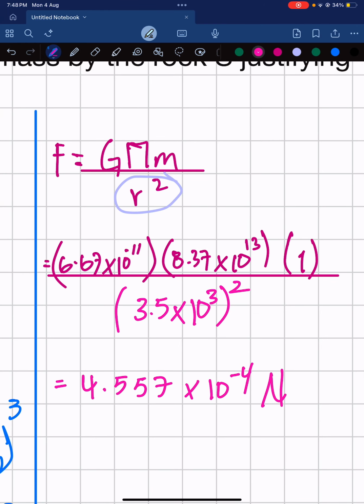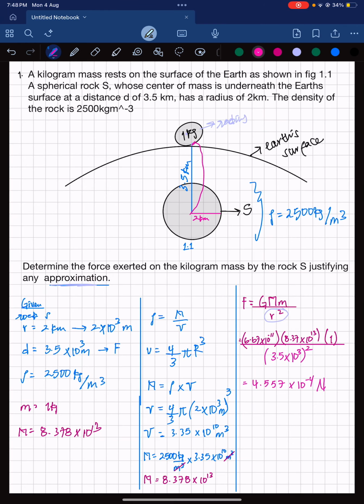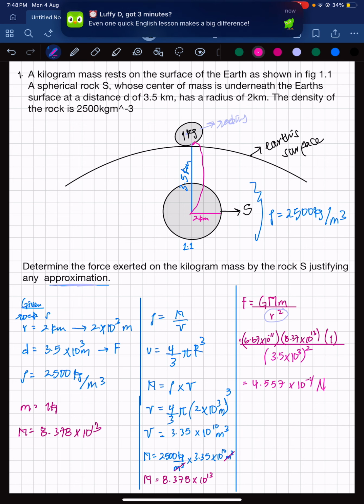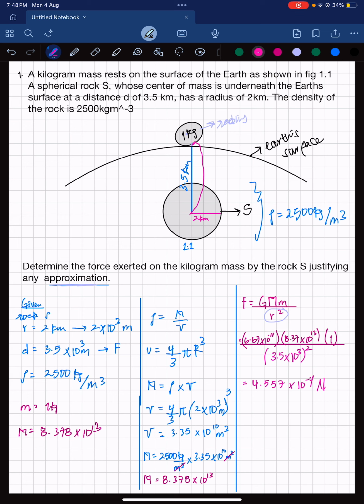So let's just recall what we did. The question asked us the force exerted on the 1 kilogram by the spherical rock, and they gave us the radius of the spherical rock and the distance from the mass to the center of the rock, which is 3.5 kilometers.